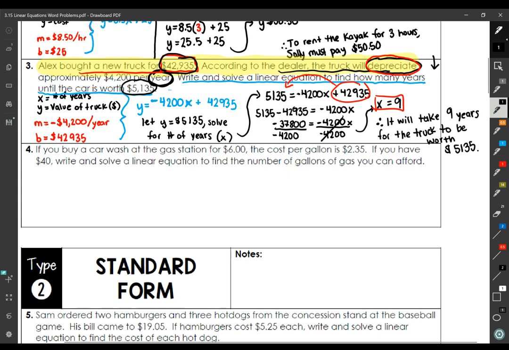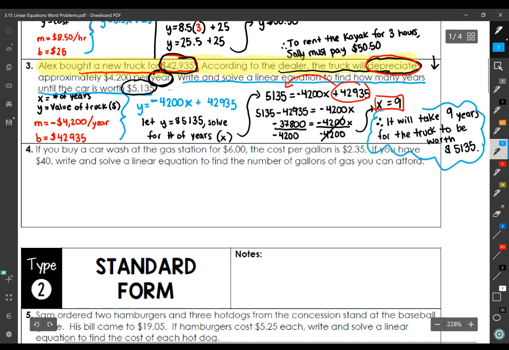Don't forget the concluding statement is important. You have to relate the answer back to the problem. Your answer can't just be x equals 9, because what is x? You have to say in your concluding statement that x is 9 years.